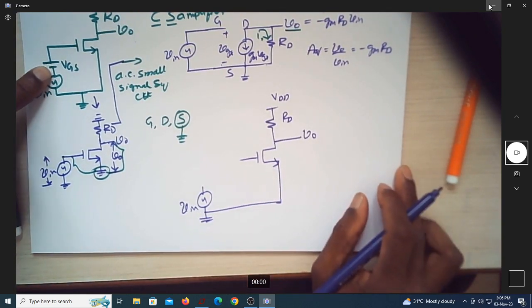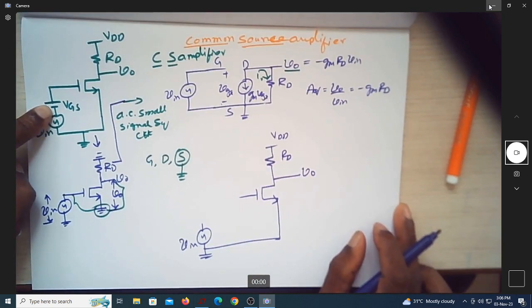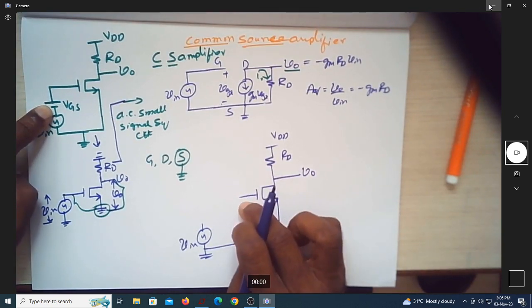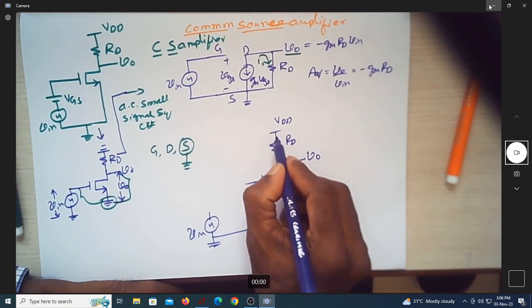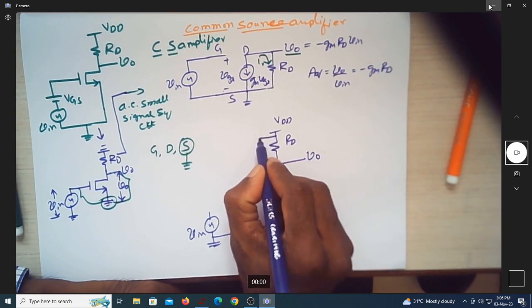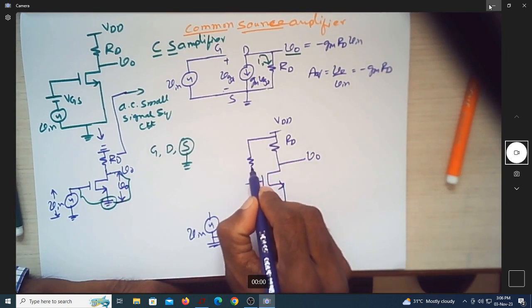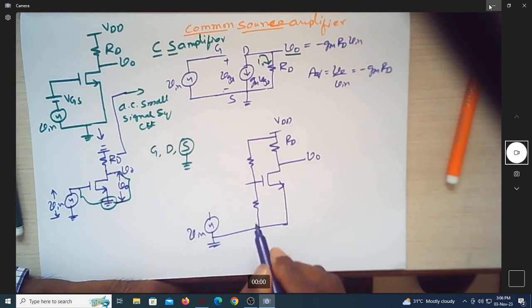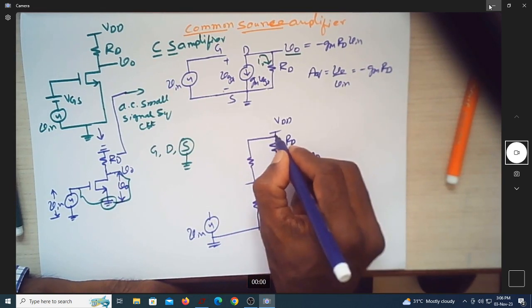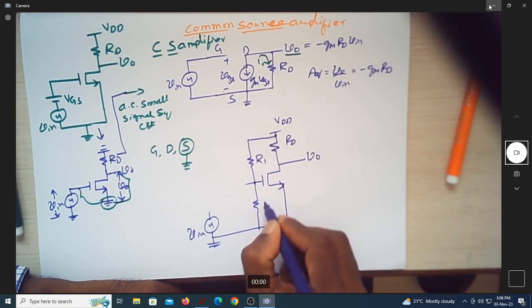Now this VGS should be obtained here, so I will get that VGS from this VDD itself. So I will connect a potential divider. You can see it is connected here and here. I will call it R1 and R2.